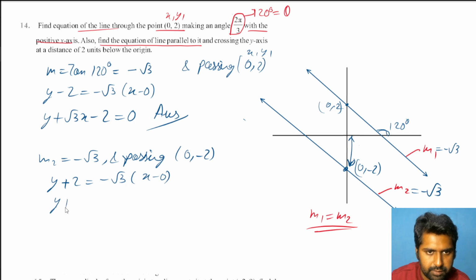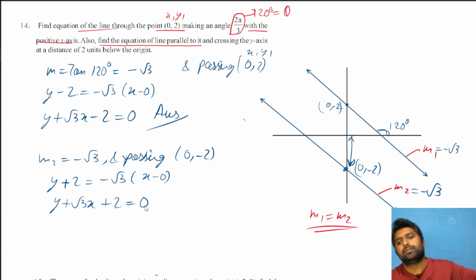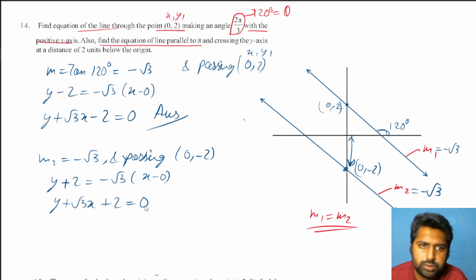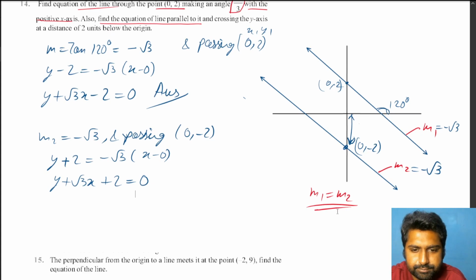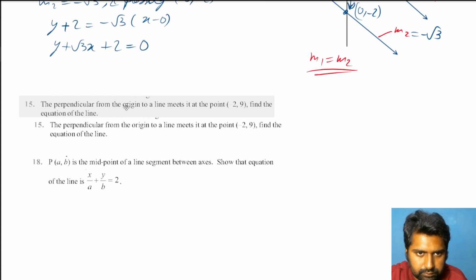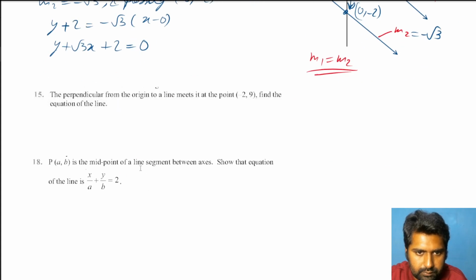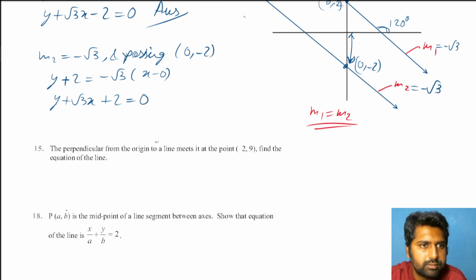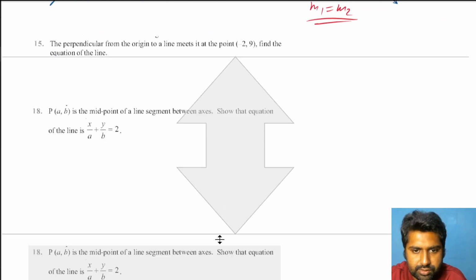So y plus root 3x plus 2 equals to 0. All right. It was looking like a big question, wasn't really. I think almost done with equations of line.